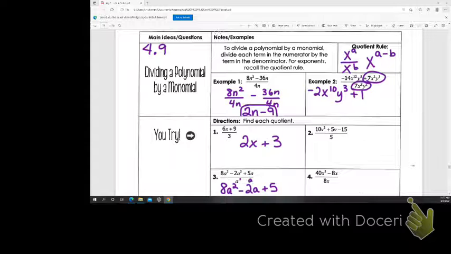So if you write it under each one, then you can do things like cancel, but be careful about marking things out as canceled if you're not rewriting it, because then you might forget to use it for the others. So 40 divided by 8 is 5.